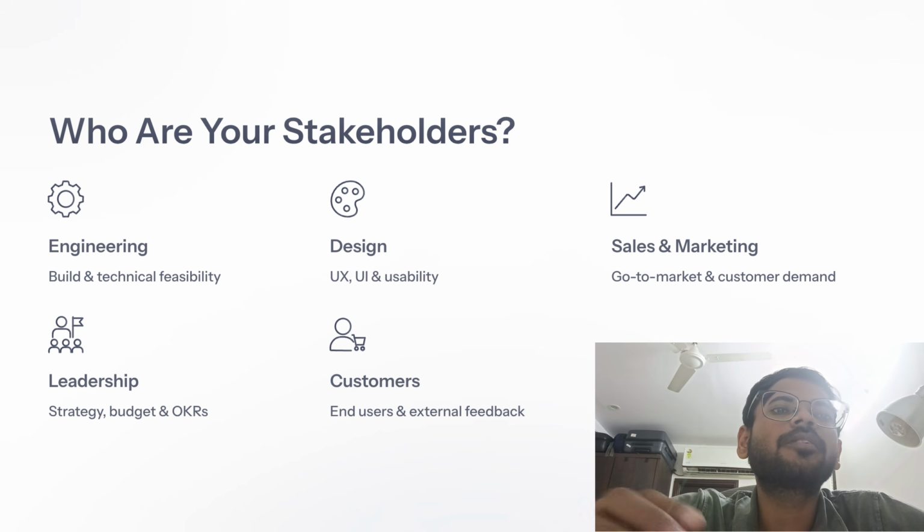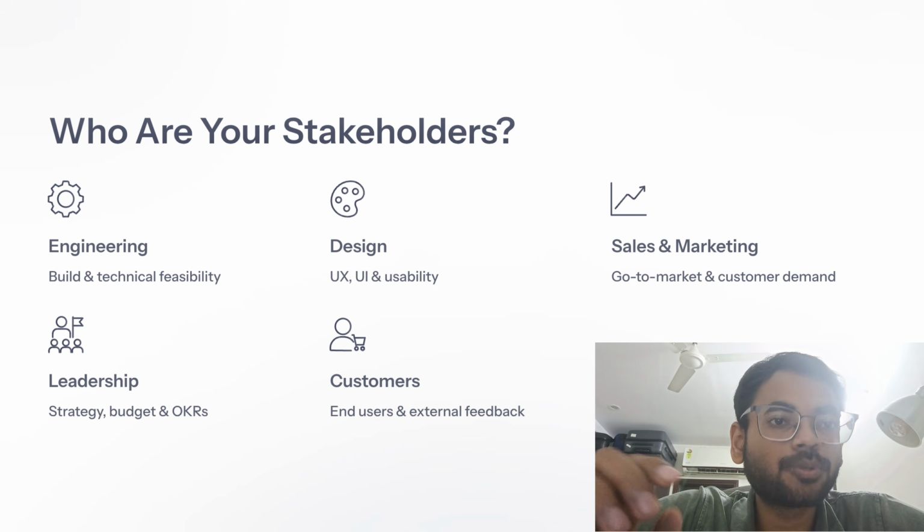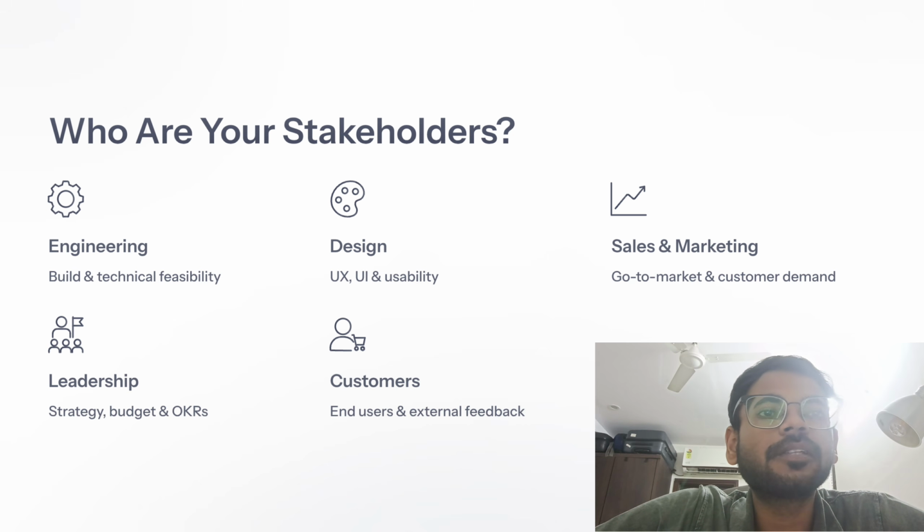The points that you should take care of: if a customer is asking you for a new feature, then you should not directly go and say that we will build this feature for you. Rather, you should understand whether that particular feature which your customer wants adds any business value to your organization, and what is the effort required to build that particular product or feature.